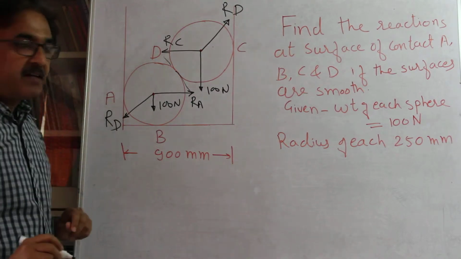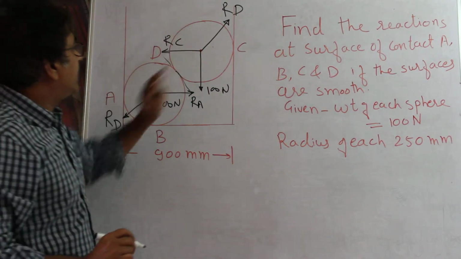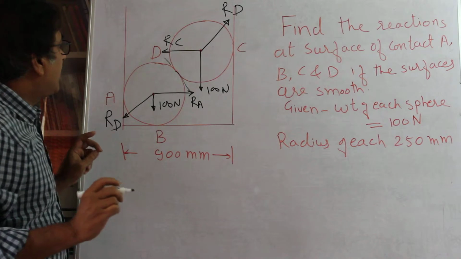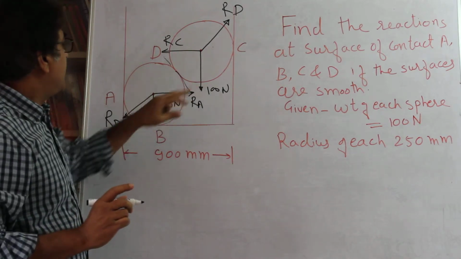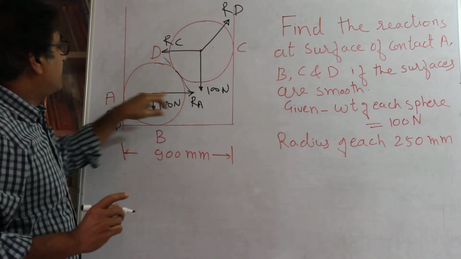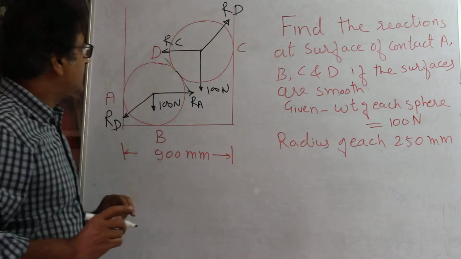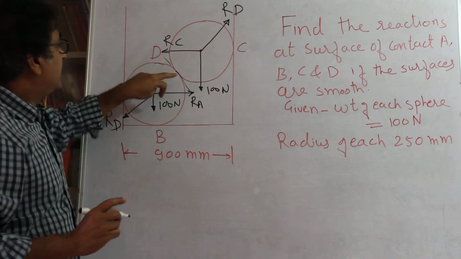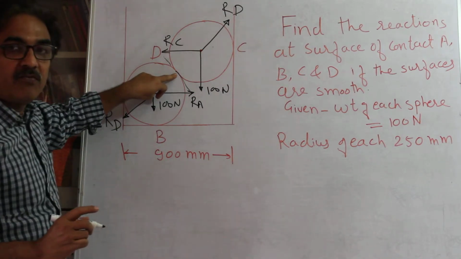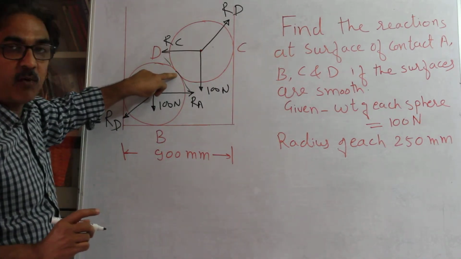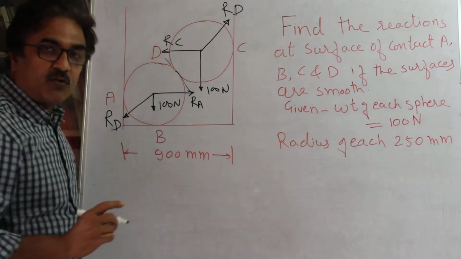So these spheres are subjected to three forces. One is weight, another is the point of contact with the vertical surface, and then you have the reactions passing through the point of contact between the spheres. So these are the three forces.